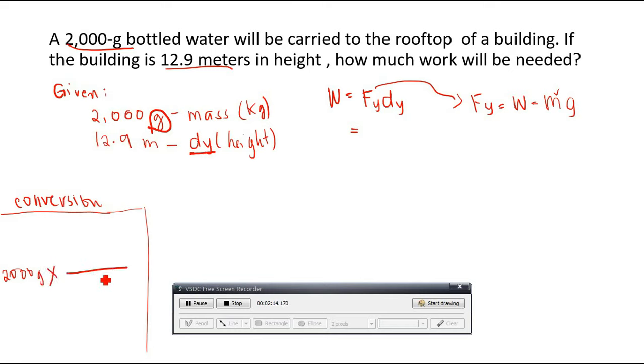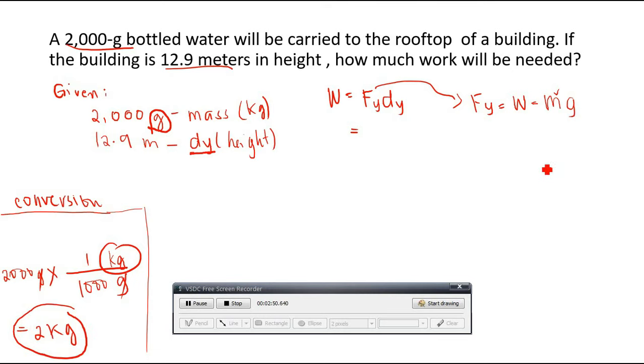Below the bar, you place the given unit, which is grams, and on top of the bar, you place the desired unit, which is kilogram, so that you can cancel the gram. In 1 kilogram, you have 1,000 grams. Cancel. So 2,000 times 1 divided by 1,000 will be 2, and the unit will be kilograms. Therefore you have 2 kilograms in 2,000 grams.